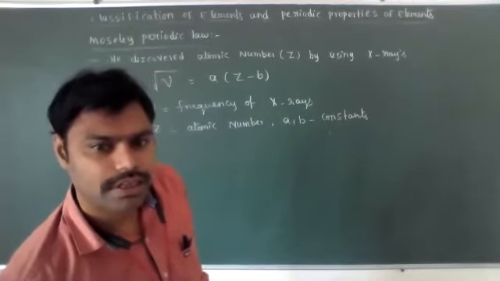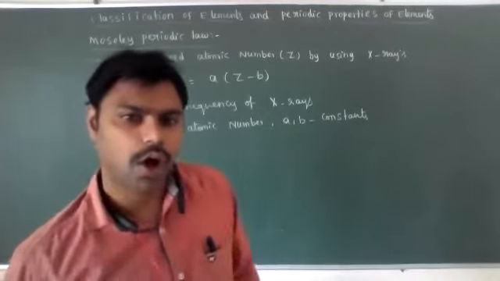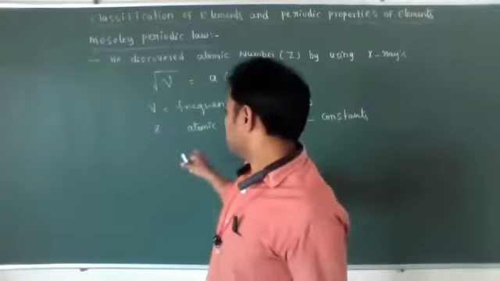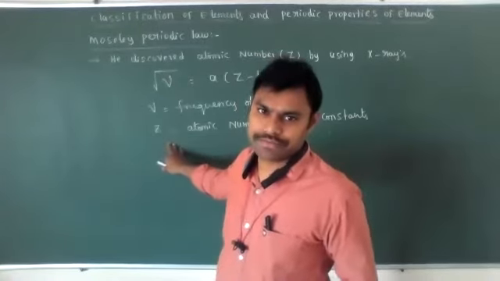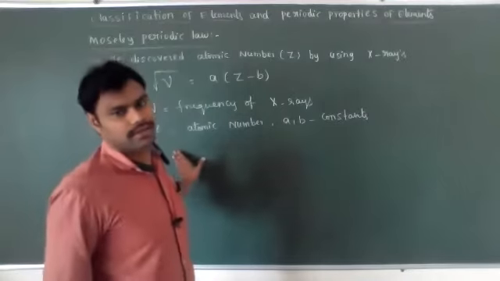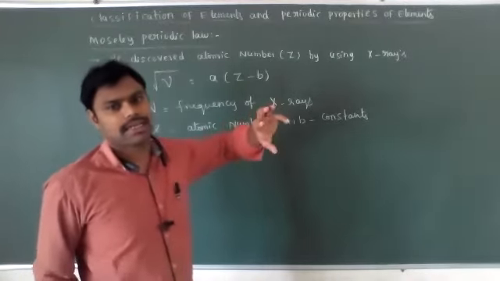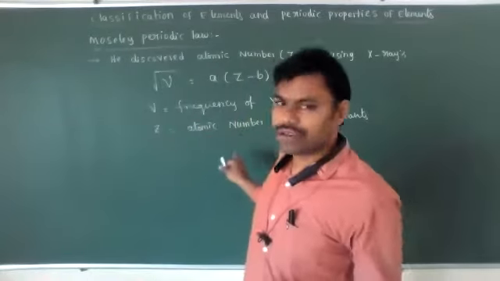Before this, they didn't know how atomic numbers came. Moseley was the one who arranged them. So Moseley discovered the atomic number, based on the nucleus discovered by Rutherford.